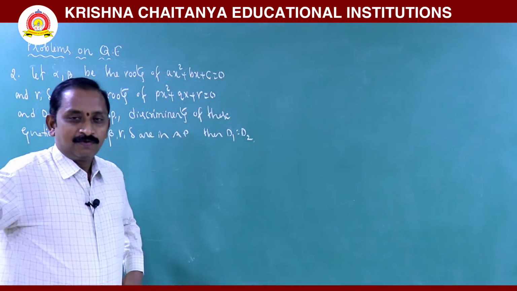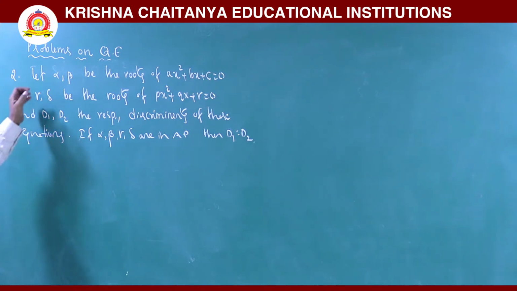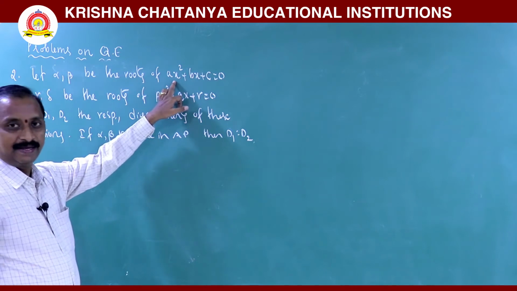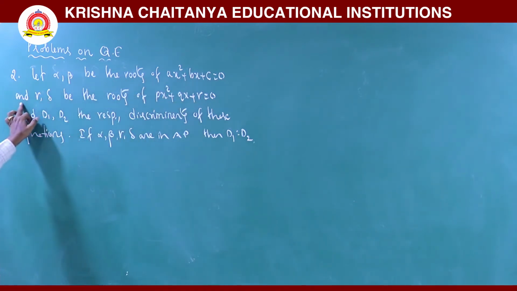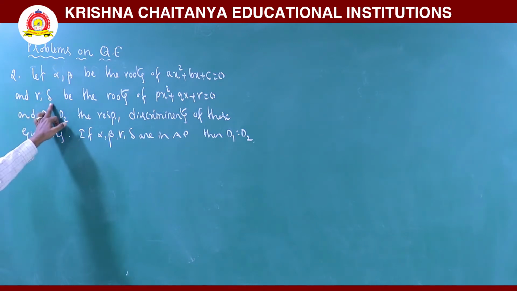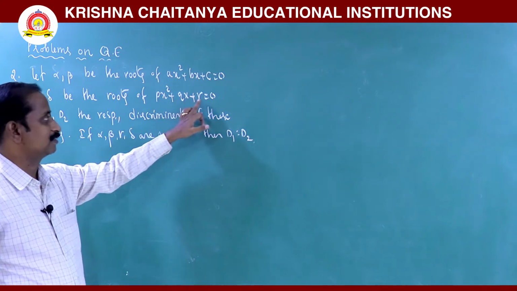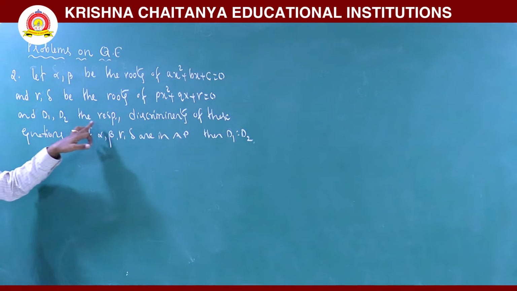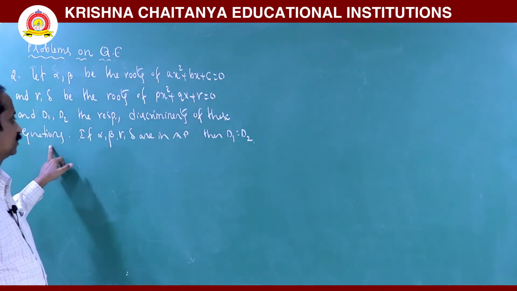Now move to the second problem. The second problem: alpha comma beta are the roots of ax square plus bx plus c is equal to 0, and gamma comma delta are the roots of px square plus qx plus r is equal to 0, and D1, D2 are the respective discriminants of these equations.